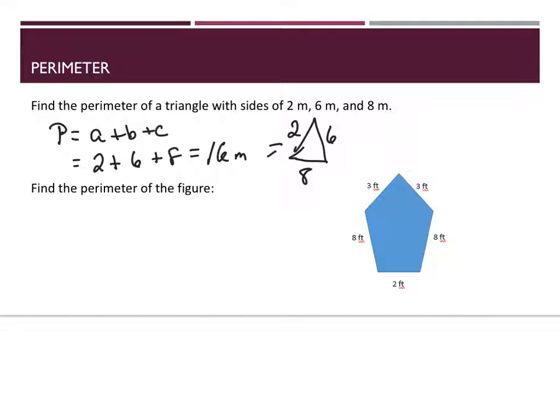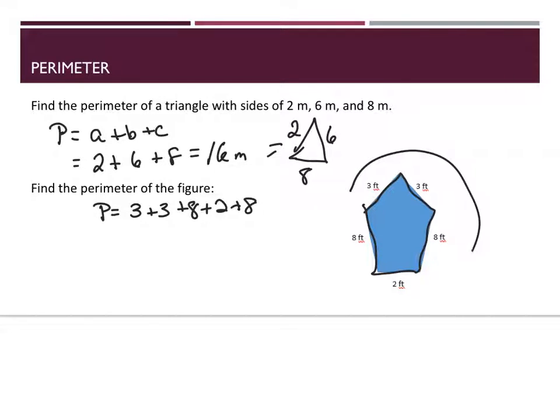If you have an oddly shaped figure, you just follow your way around and add up however many sides you've got. So you don't necessarily have a formula here, you just want to add all your sides. So the perimeter is 3 plus 3 plus 8 plus 2 plus 8, if I just start here and follow my way around.